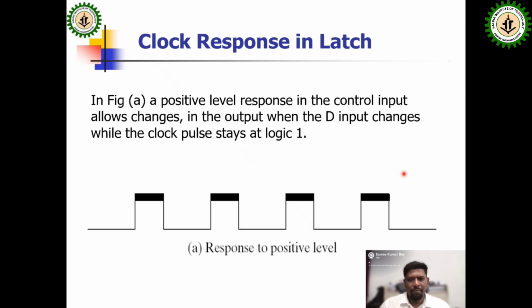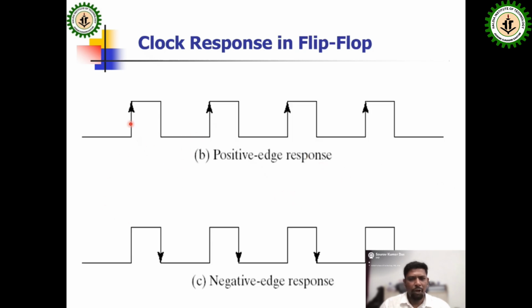This is the meaning of this figure. Now this is the positive edge, also called the rising edge. The upward direction is called the positive edge, and this is the falling edge. The downward arrow is considered the negative edge response.